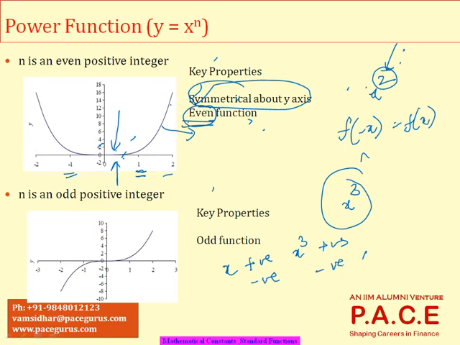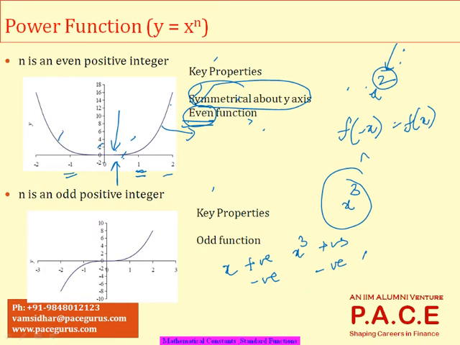So x cube will show the same behavior as x. So all odd powers will have the same sign as the original x itself. So you will find some level of symmetry, but not around the y-axis, but you will find typically a symmetry existing around the y equal to x kind of a line.